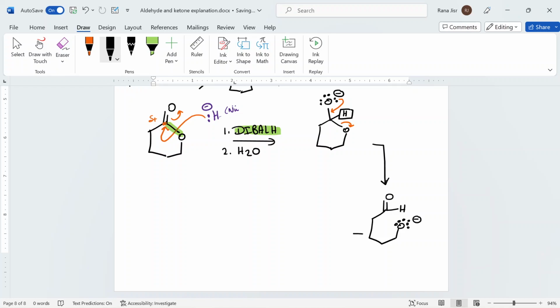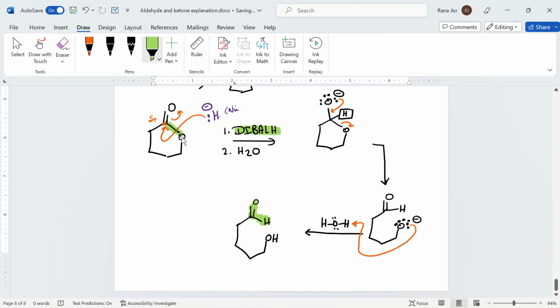And this is why I have a solvent in the reaction, which is water. And that solvent is going to come and react with the O minus to do protonation, and I'm going to end up getting my product in this case. Because it is a cyclic ester, I ended up getting my aldehyde, and the oxygen from the ester left in the form of an OH.